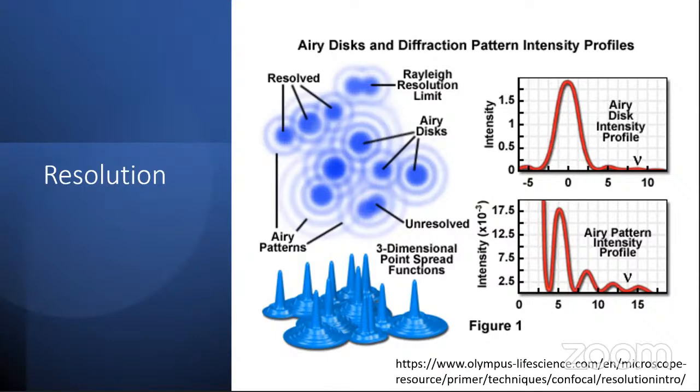Typically, a confocal microscope will have a similar resolution to the wide field microscope when it comes to XY resolution, and a much better resolution in the Z direction. This is assuming that you are looking at particles which are well separated from each other.